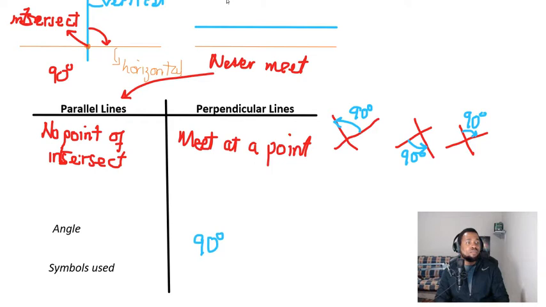However, for parallel lines, they don't meet at a point, which means that there is no angle. However, the individual lines share the same angle of incline. So whenever you have a line pointing this way or this way, you can have three lines pointing in the same direction.